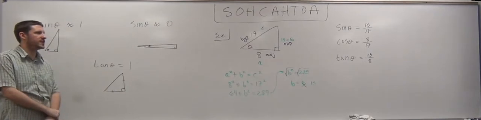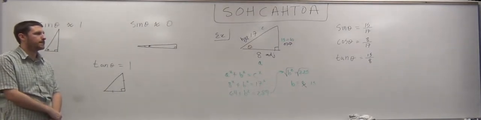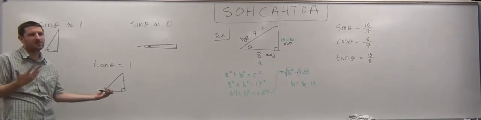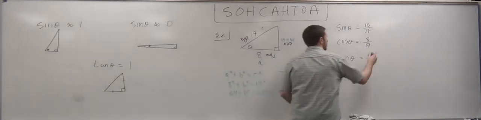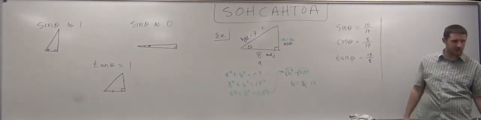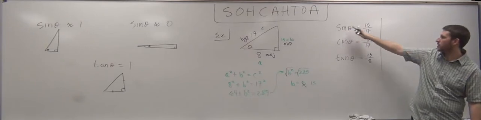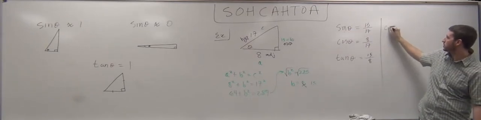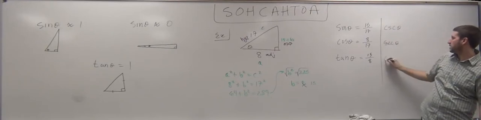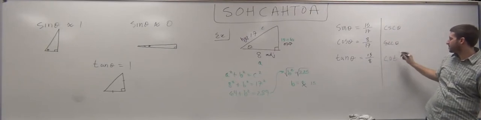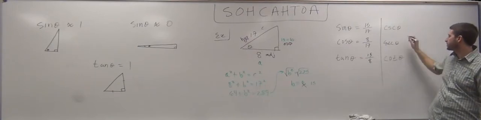So at this point, it's all memorization. If you can memorize these definitions, you're good to go. Of course, that's only half the work. Well, half the functions. How do I get the other 3? Flip, right? Reciprocals. So the only thing now to remember is what is the reciprocal of sine? Cosecant. So that makes secant the reciprocal of cosine and cotangent the reciprocal of tangent.